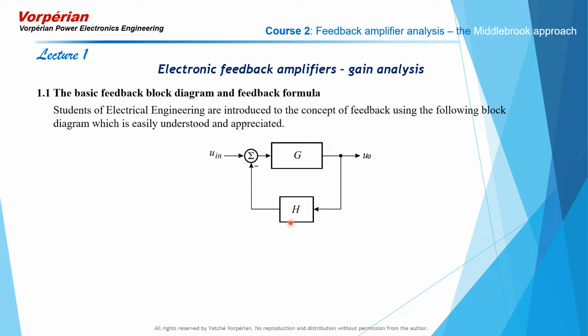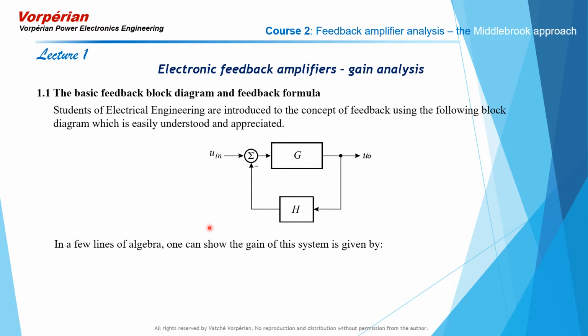H is the feedback connection and is a much simpler structure in comparison to the main plant and can be made to have as little variability as desired. This here is the differencing node where a small part of the output signal attenuated by a factor H is subtracted from the input signal and applied to the main plant.